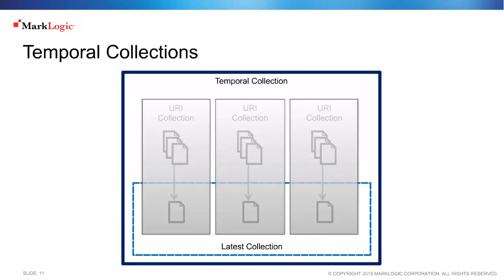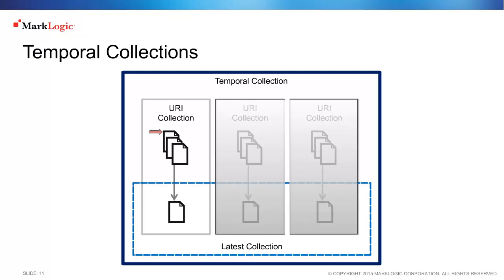Bitemporality is defined on a protected collection, known as a temporal collection. A temporal collection is a logical grouping of temporal documents that share the same axes with timestamps defined by the same range indices. You can create additional temporal collections if you have documents that require a different schema for the timestamps. When a document is inserted into a temporal collection, a URI collection is created for that document.